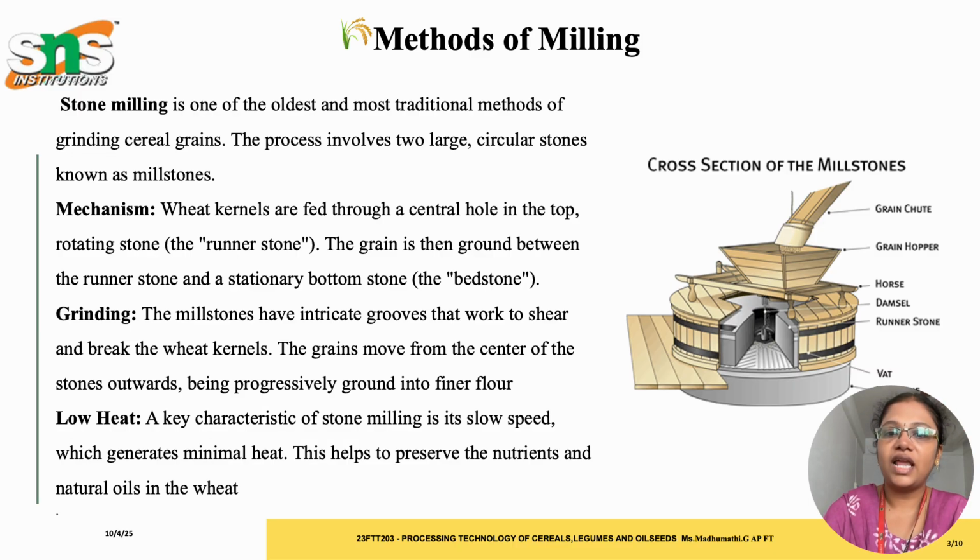The grain is ground between a runner stone and a stationary one. One stone is rolling and the other is stationary, and between those two the grains get in. That stationary stone we call the bed stone, and this is the running stone. The bed stone is stationary, the running stone goes on rotating, and in between the kernel comes and when it is fed it gets ground. This is the mechanism behind grinding.